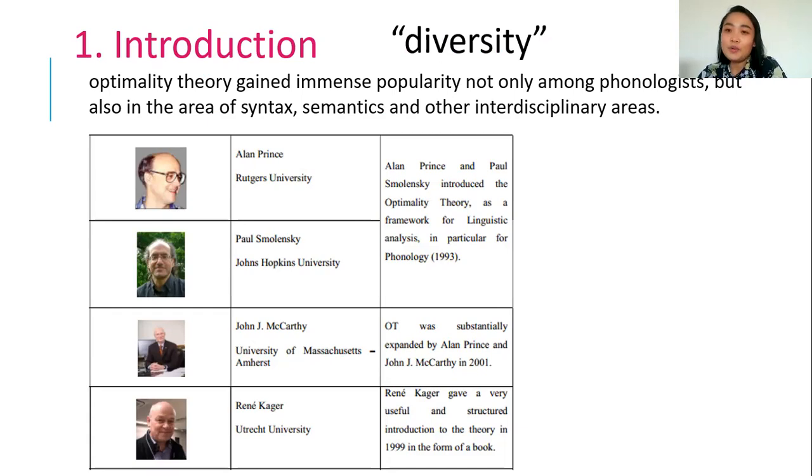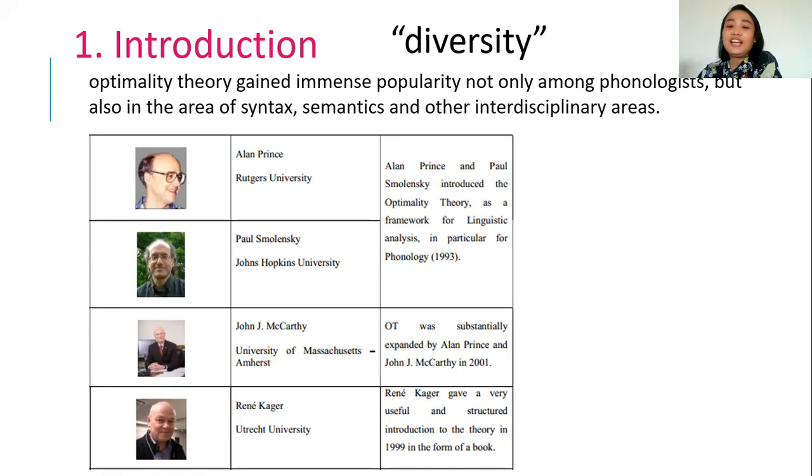And then followed by someone who is popular with us also when we learn about the optimality theory, there was René Kager. Kager, in 1999, gave a very useful and structured introduction to the theory in a book. Kager is from Utrecht University.